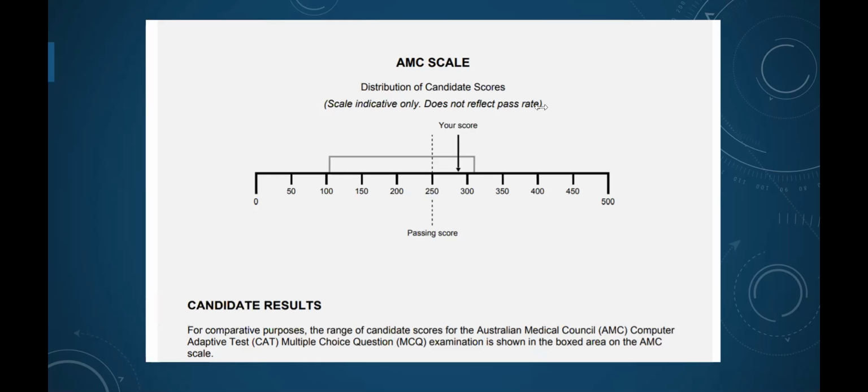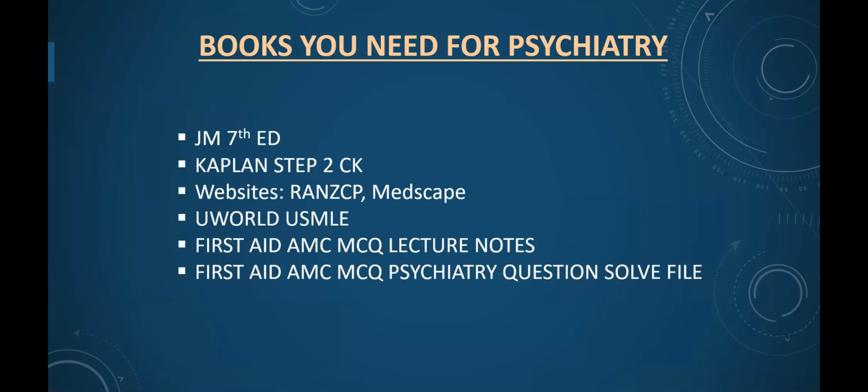All right. So let's move on to our psychiatry session. For your psychiatry, what are the important books you should always have on your side? You should always have your JM 7th edition. You should have your Kaplan Step 2 CK.